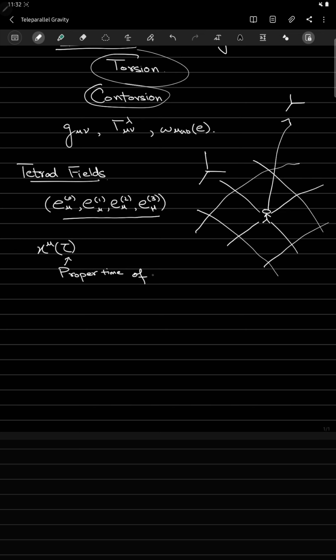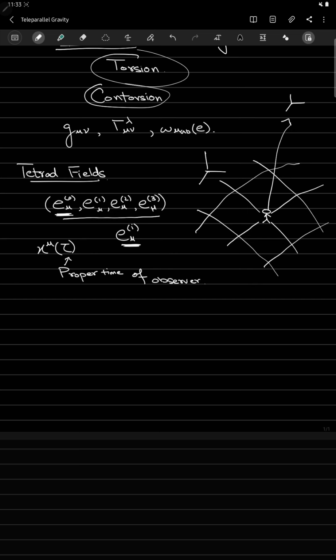Now, like I said already, the components, e 0 mu and e, let's define the spatial ones with this i. So i goes from 1 to 3, right? So 1, 2, and 3. The 0 is time-like, and these are space-like vectors.